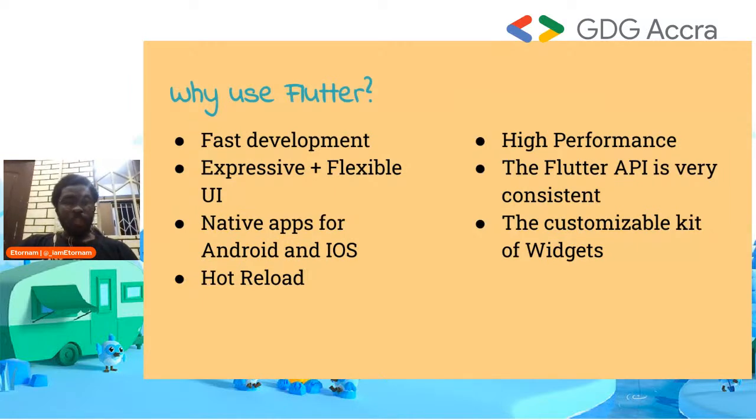Native apps. So basically, Flutter actually compiles to native code. It compiles to native ARM code, which means that it's actually, should I say, machine code for your phone. So unlike other platforms that are basically bundled and running on a bridge or something like that, Flutter actually compiles to native code.